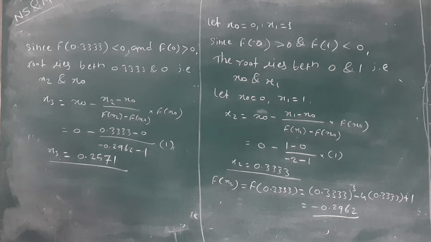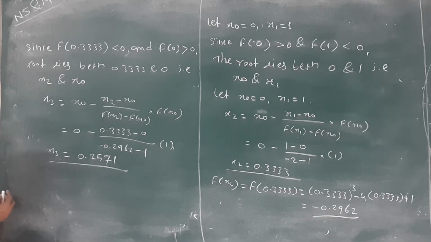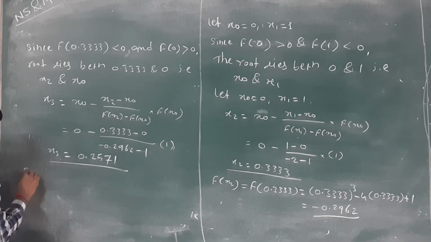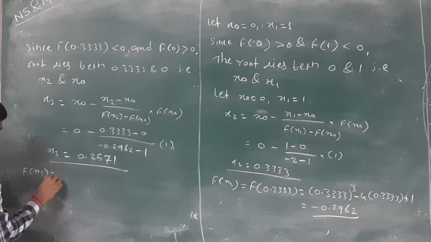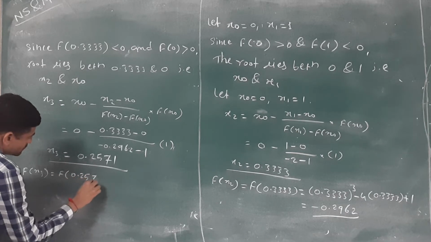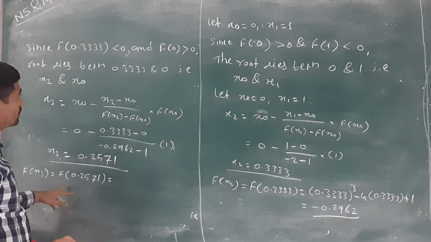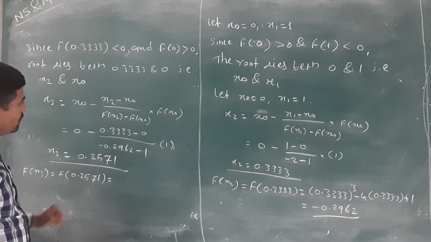Once you have calculated the x3 value, then again you have to check whether f of x3, or f of 0.2571, is positive or negative. You have to put this value in that equation. Which equation?